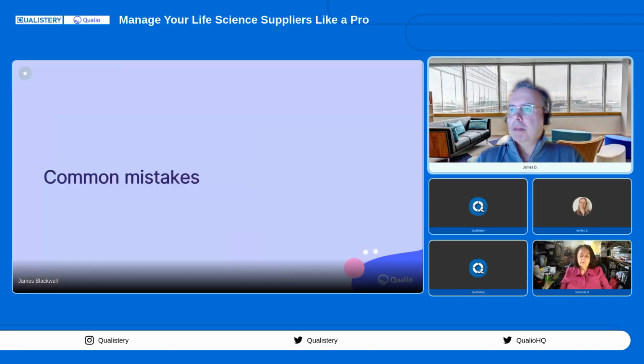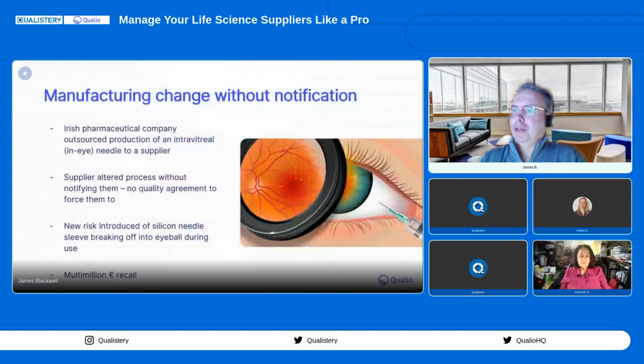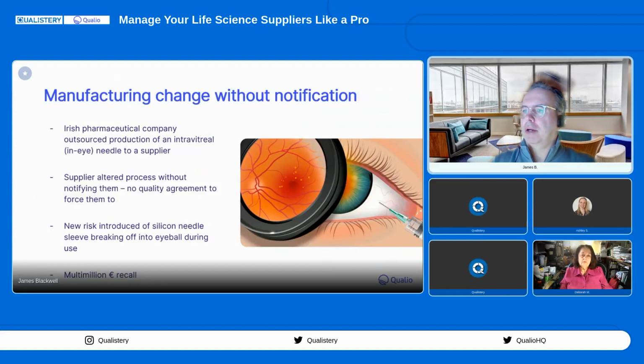So what are some common mistakes? Again, these are some horror stories from the news that we like to share with you. In this case, an Irish company was sourcing a needle from a supplier, and as an all too common practice, their process was altered without notifying them, and the root cause was there was no quality agreement in place, which we'll be talking about later.